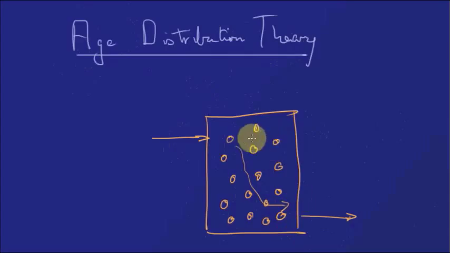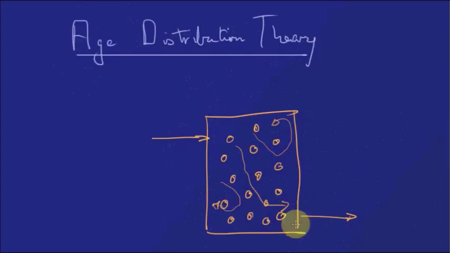Other fluid elements might take a more circuitous path and they might end up circulating in the space, and so they will take longer than some other paths. So there's a variety of different possibilities in getting through this reactor, and that means that different parts of the fluid will pass through it over different periods of time. And it's this difference in time that translates to a difference in the extent of reaction that we see.